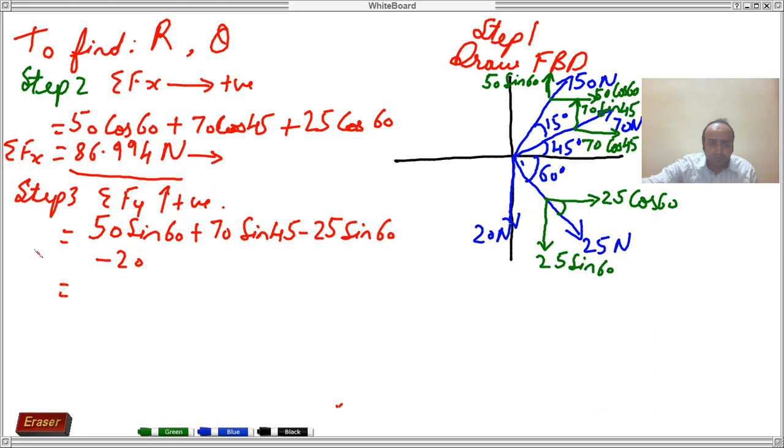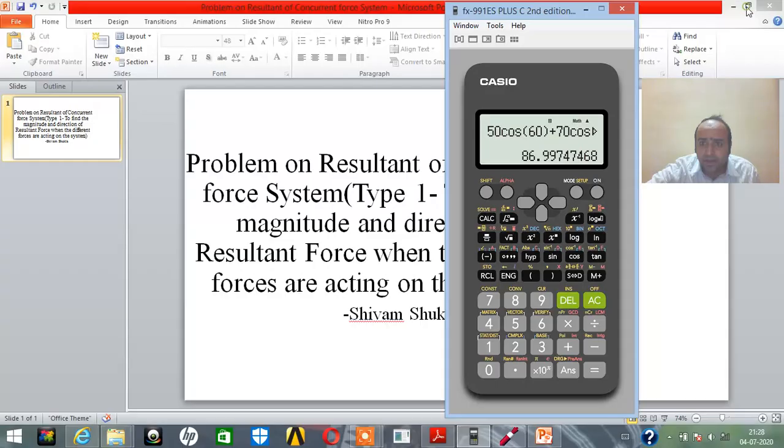So here it is. Now let's go ahead with the calculation over here. So it will be 50 sin of 60, close the bracket, plus 70 sin of 45 minus 25 sin of 60 minus 20.